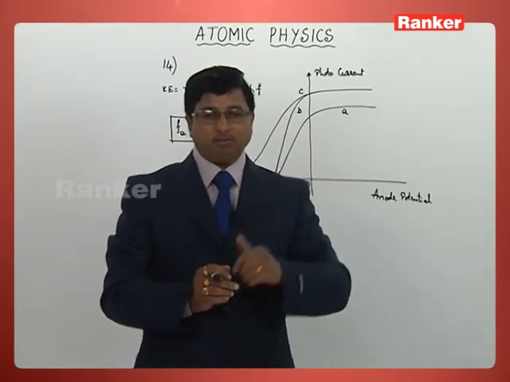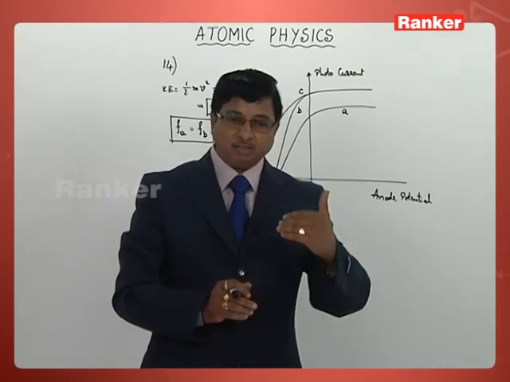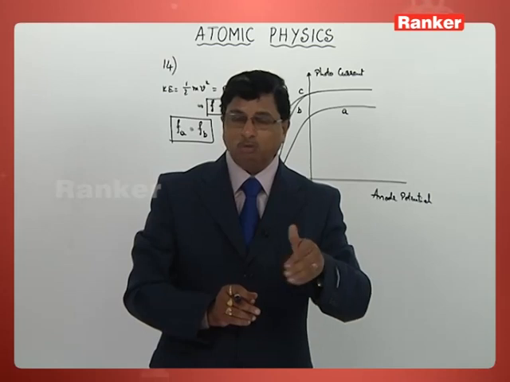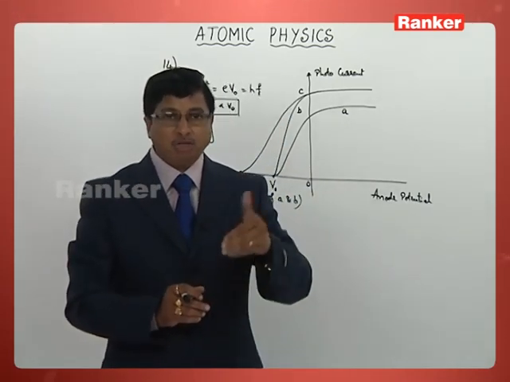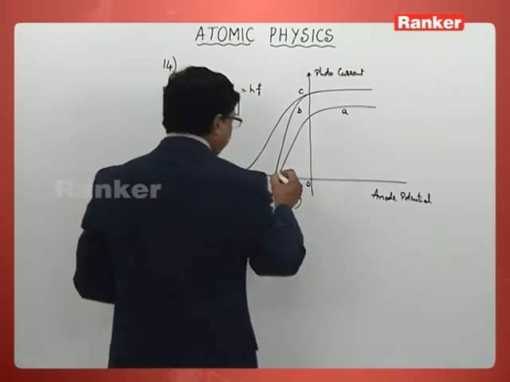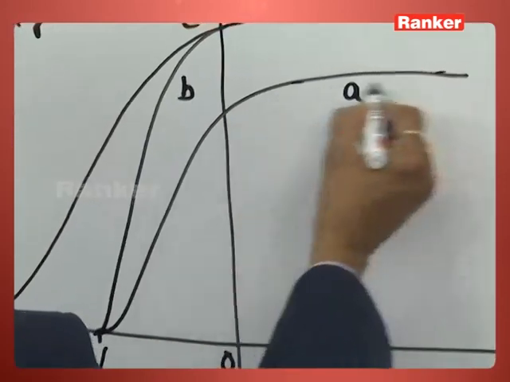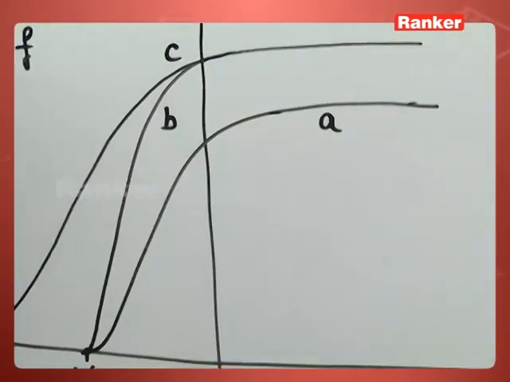Now if you look at all the four options, in first option we have FA is equal to FB, and in the third option also we have FA is equal to FB. So out of the two we have to pick up the right one. Now the question is, for this first curve, this is just the saturation current. For the second curve, this is the saturation current.